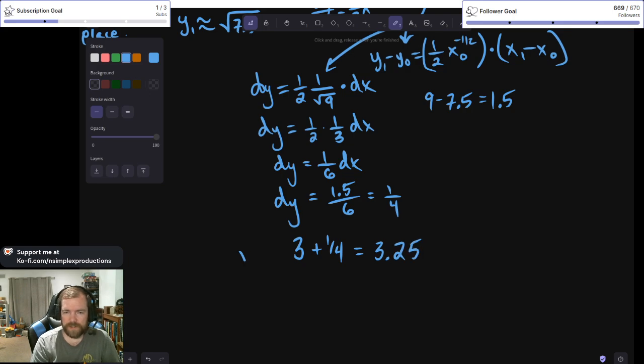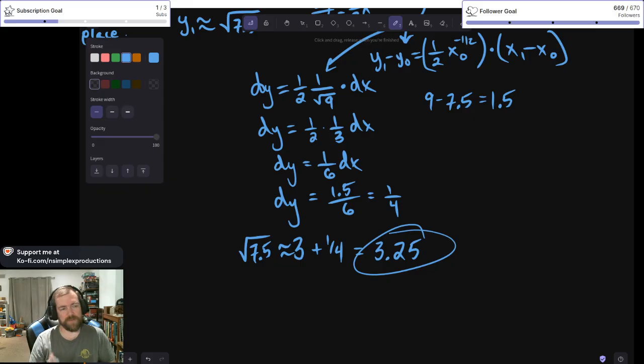Okay, so the square root of 7.5 should be approximately 3.25. Terrible approximation, but that's all right. What's the actual value? I don't know yet. We'll figure it out.